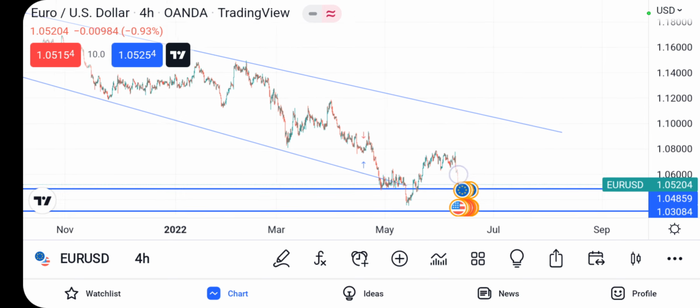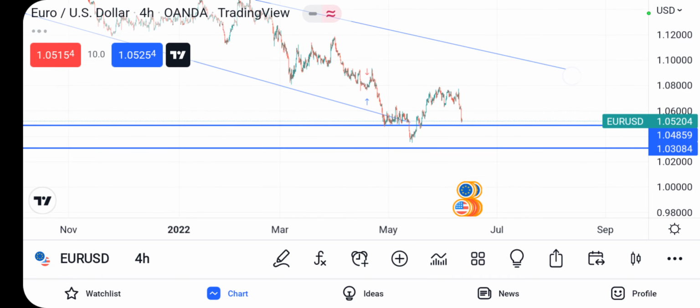Which means if I see the break to the downside and correct here, I'll be able to take a sell, but only if I see this kind of setup. If I see something like this here, I'll be able to take a buy. I don't know if you get me, guys.